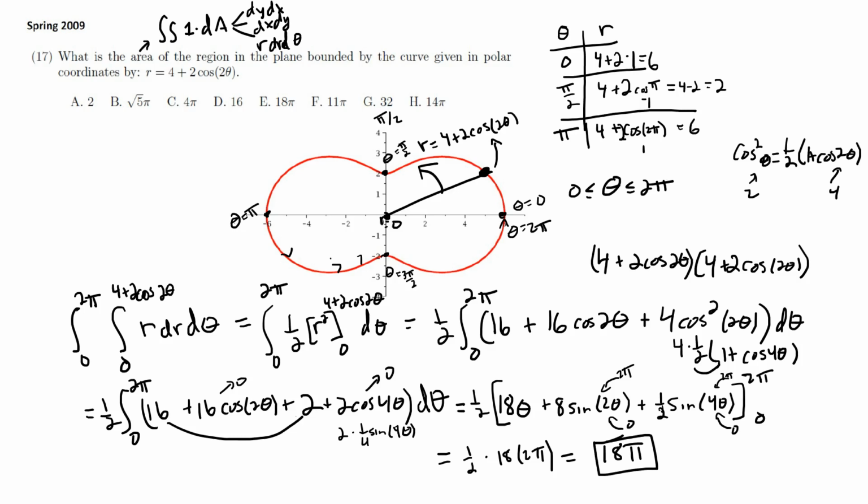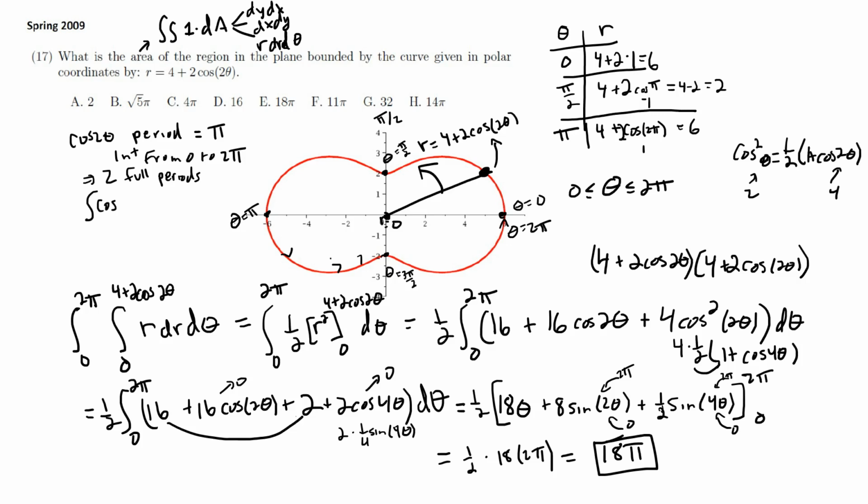The cosine of 2 theta has a period of pi, and so when you integrate from 0 to 2 pi, what you have is 2 full periods. When you integrate a full period or multiple full periods of a function, the area is going to be 0.